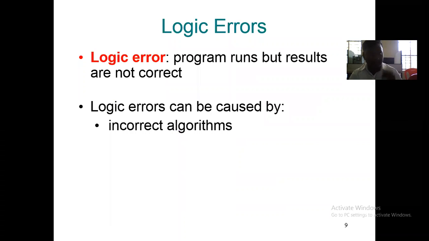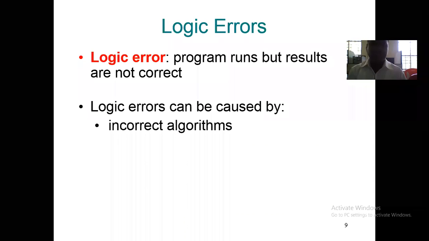As I told about logical errors, the program runs but results are not correct, as in the simple example. If we have to write an addition program but we write the logic for subtraction or multiplication, obviously it runs but gives the wrong answer.